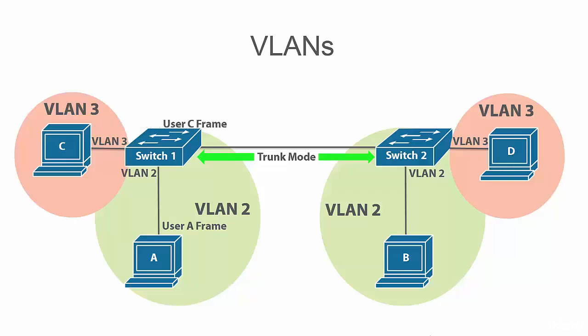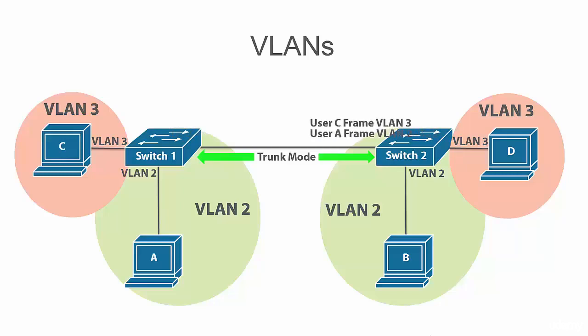So here comes user C's frame and user A's frame. And since they both entered their access mode VLAN ports, the switch would assign the corresponding VLAN to that traffic. When their frames were going to be sent out of the switch 1 port connected to switch 2, switch 1 would add VLAN tags to those frames.